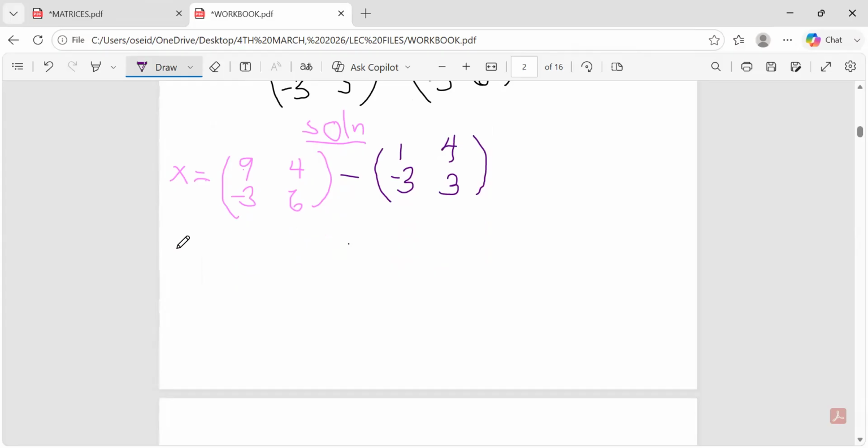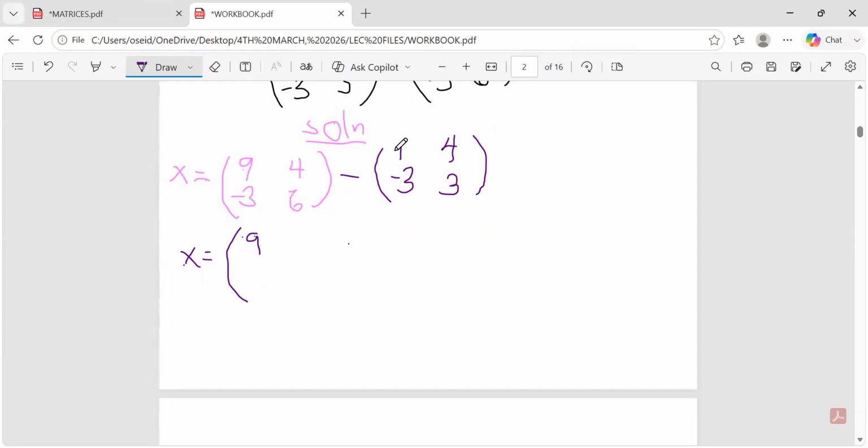So x equals to big bracket. We are subtracting according to the corresponding components.